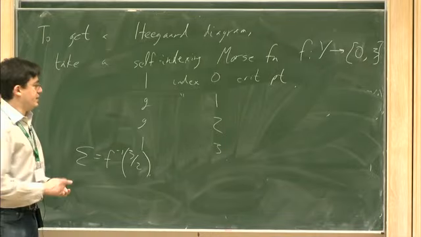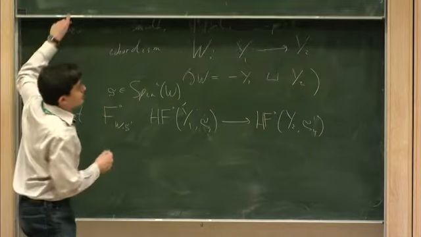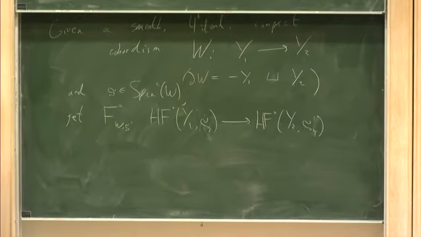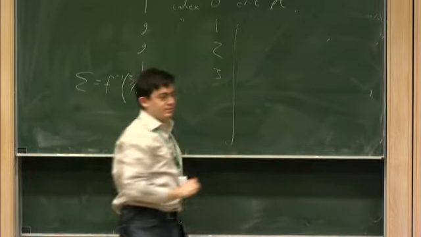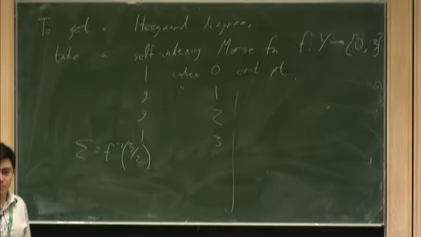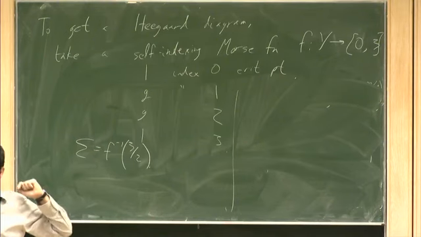And then the alpha and the beta circles are going to come from looking at the ascending and descending sets of the critical points.